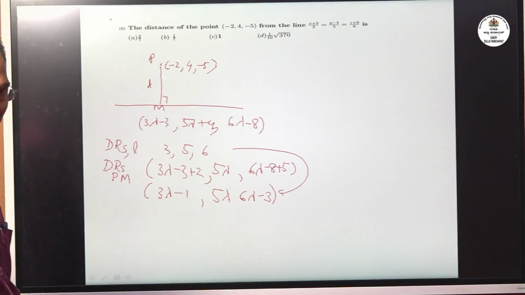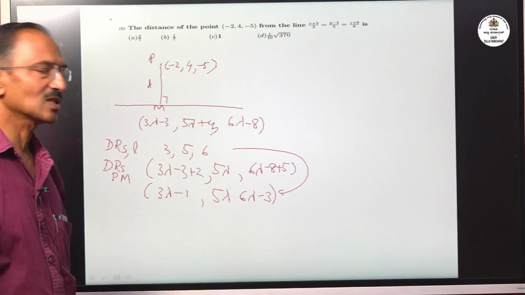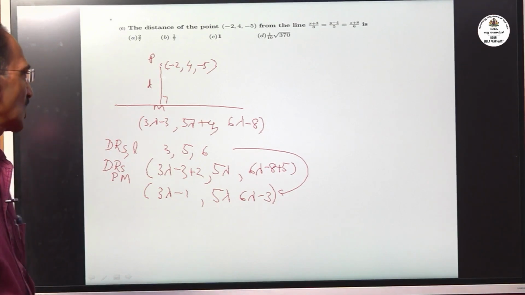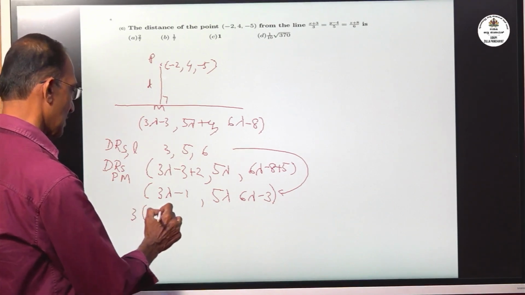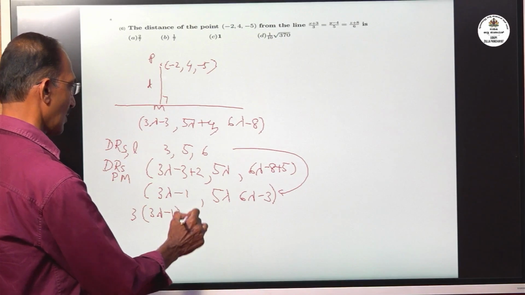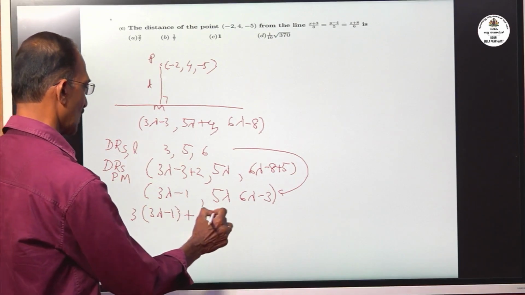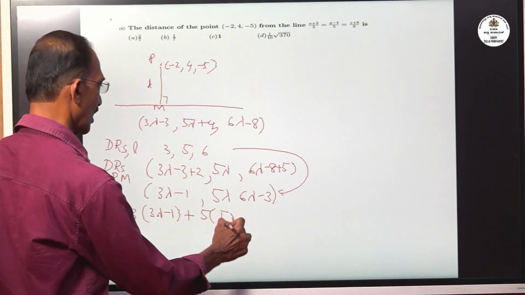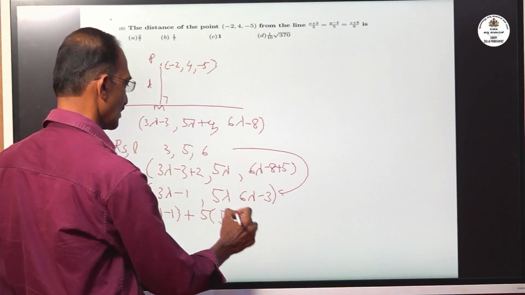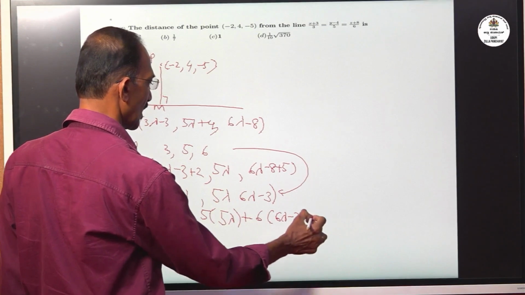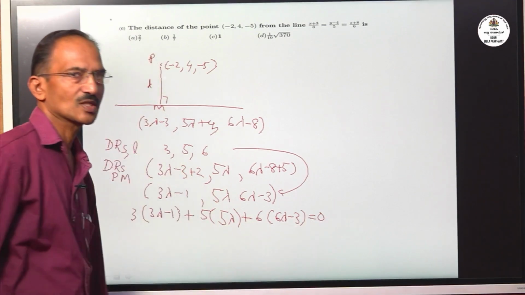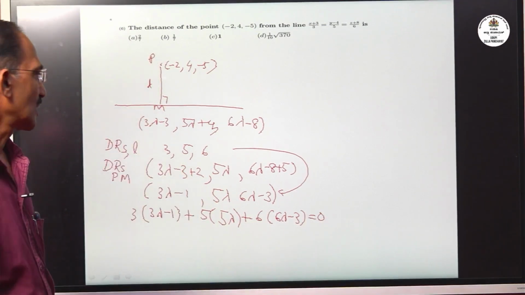So you take the DRs of the line and the DRs of the perpendicular line. They are perpendicular to each other, so we know the dot product is 0. So 3 into (3 lambda minus 1) plus 5 into 5 lambda plus 6 into (6 lambda minus 3) must equal 0. This is the relation to find the value of lambda.